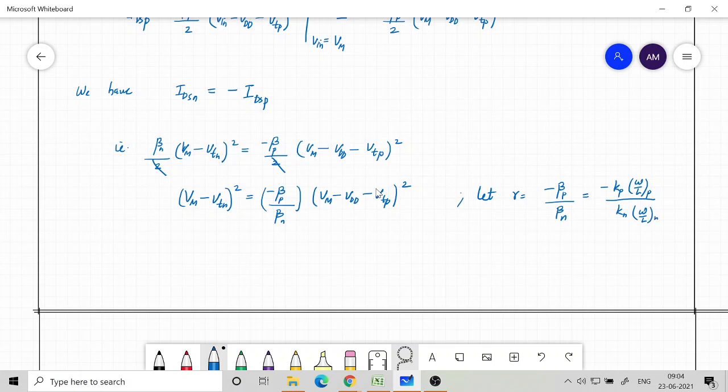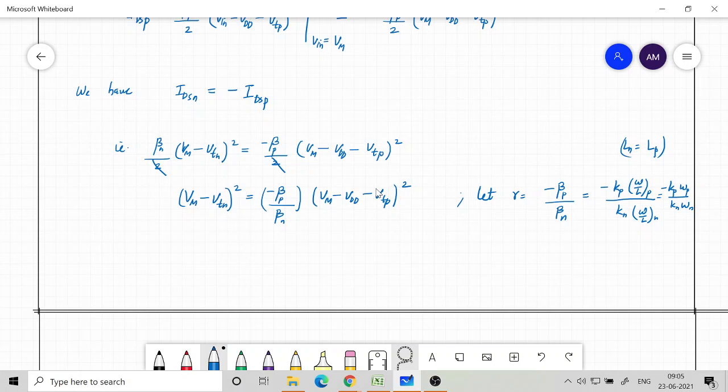Usually L will be the same for PMOS and NMOS, only W will differ. So we can cancel L and write it as minus kp Wp divided by kn Wn, where we have assumed Ln is equal to Lp. That is usually the case in the design.